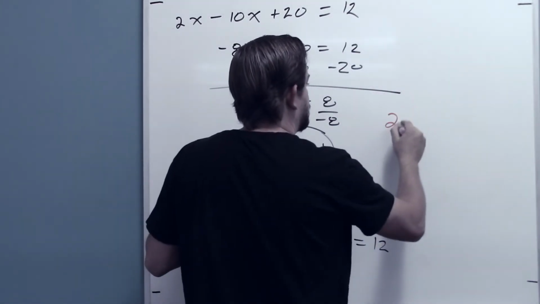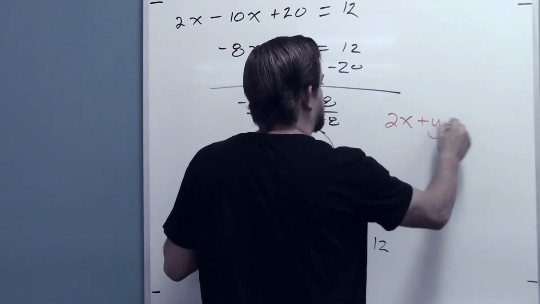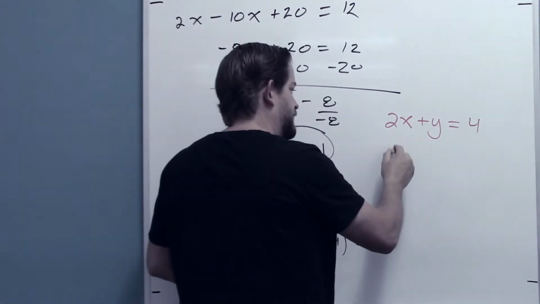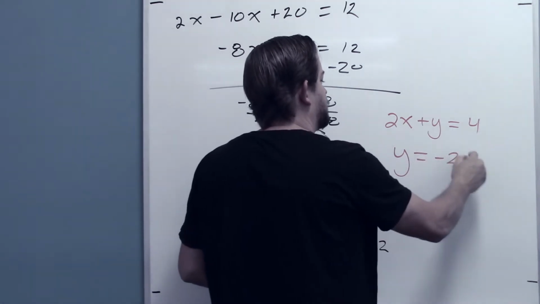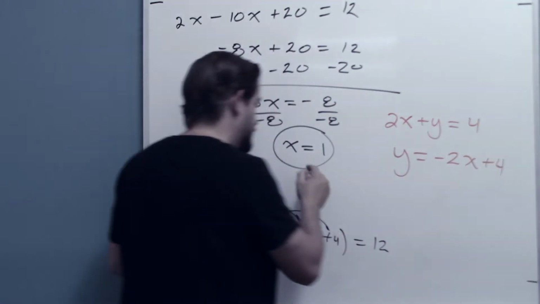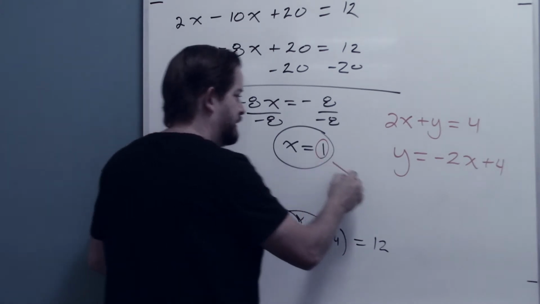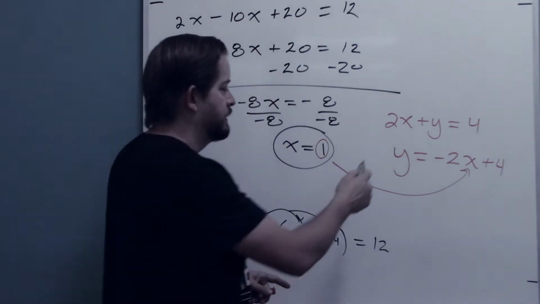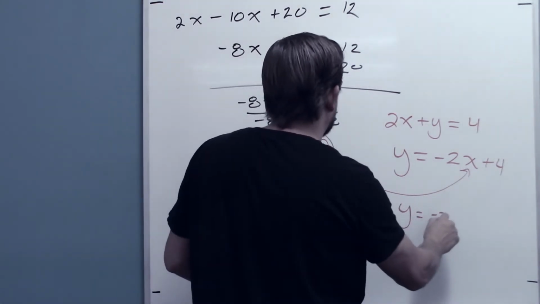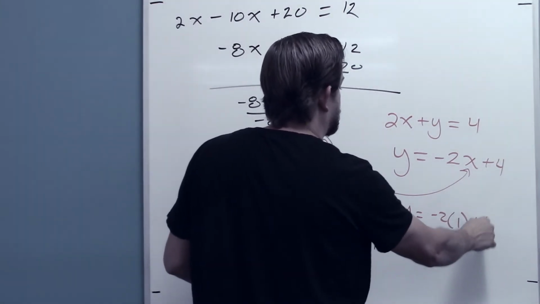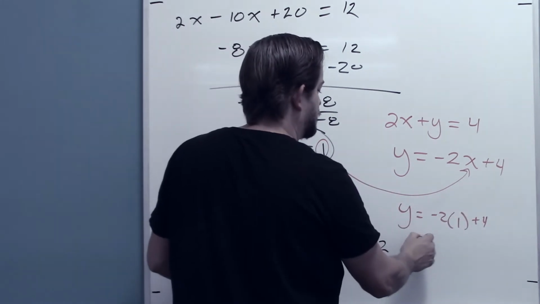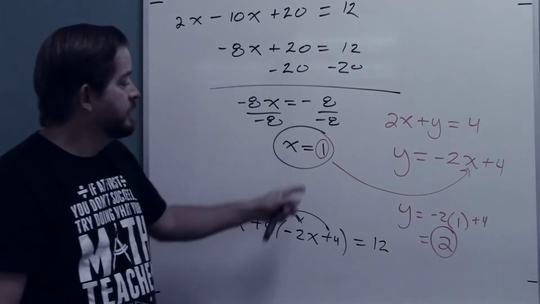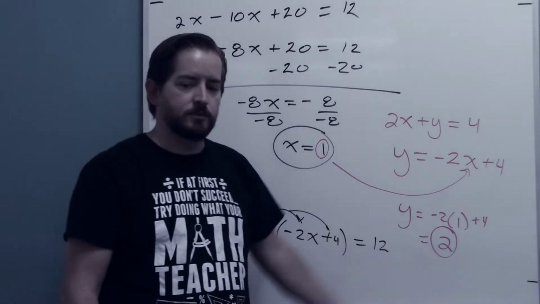That ended up being 2x plus y equals 4. And in fact, I subtracted that 2x to give me y equals negative 2x plus 4. I can plug x equals 1 right into there, and it's a quick, easy solve. So y equals negative 2 times 1 plus 4. That's negative 2 plus 4, so y equals 2. And that's my solution. X is 1, y is 2.